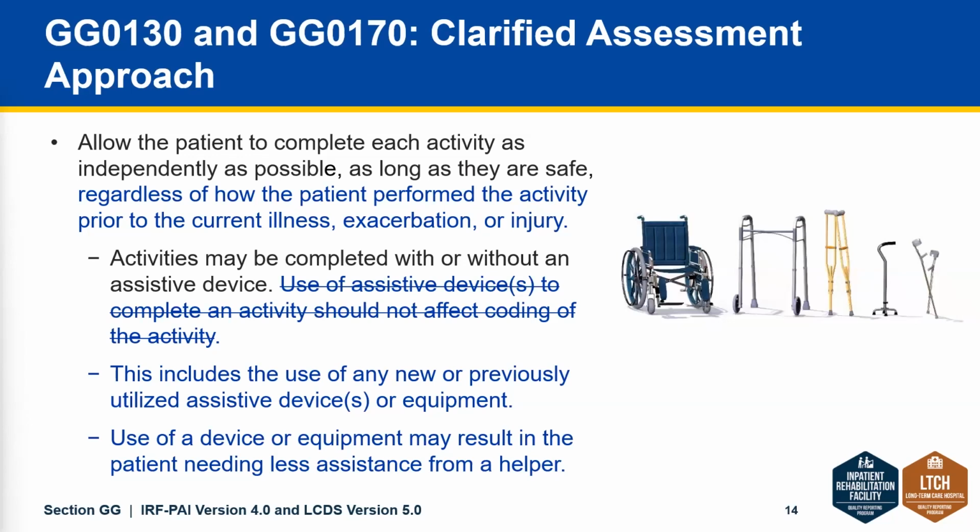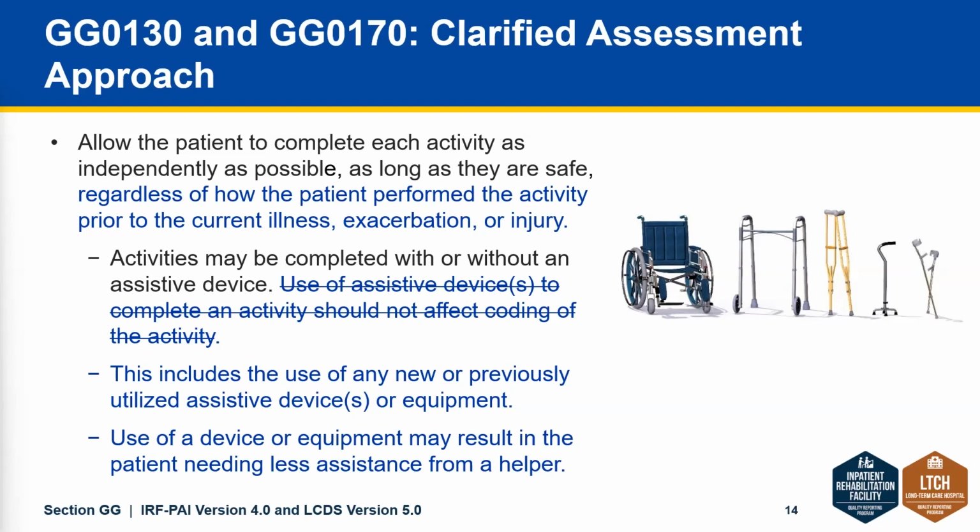Important clarifications were made to GG 0130 and GG 0170 assessment approaches. When assessing GG 0130 and GG 0170, the patient should be allowed to complete each activity as independently as possible as long as they are safe. This is true regardless of how the patient performed the activity prior to the current illness, exacerbation, or injury.